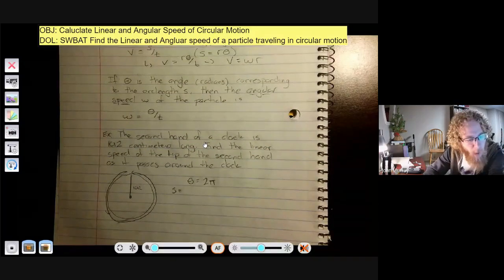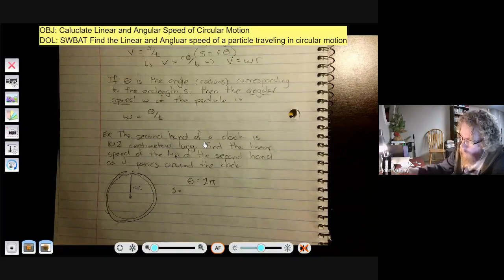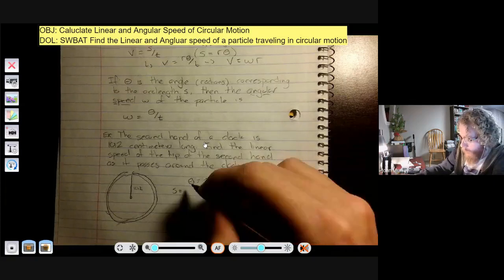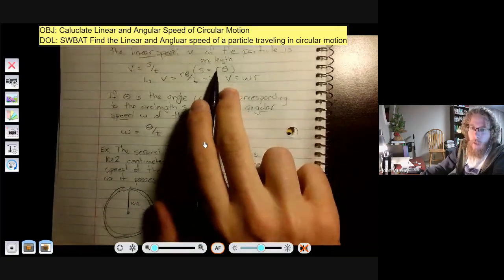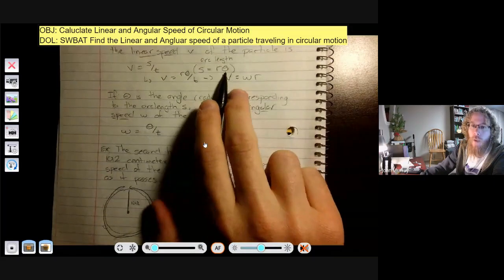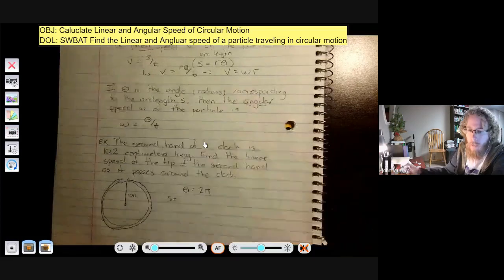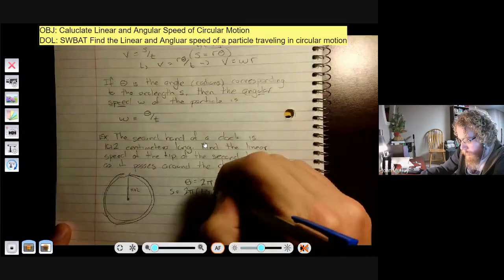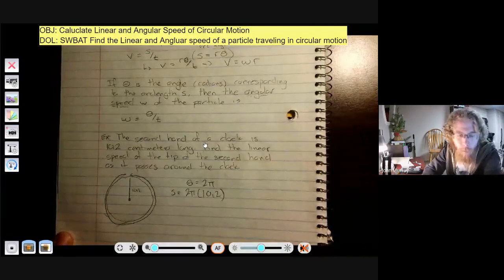One full rotation is 2 pi. So for S, going back to our S formula, the arc length is going to be the rotation times the radius. So we're going to have 2 pi times my radius, 10.2.